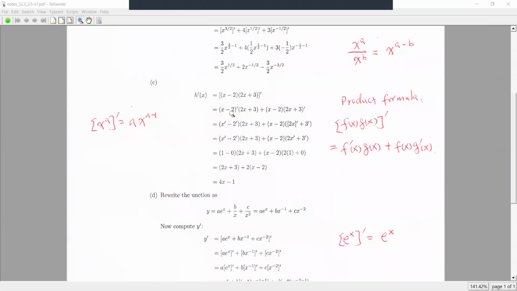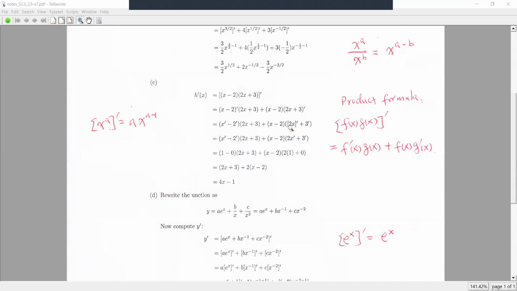x minus 2 derivative by the difference formula is x derivative minus 2 derivative. 2x plus 3 derivative is 2x derivative plus 3 derivative by the summation formula.